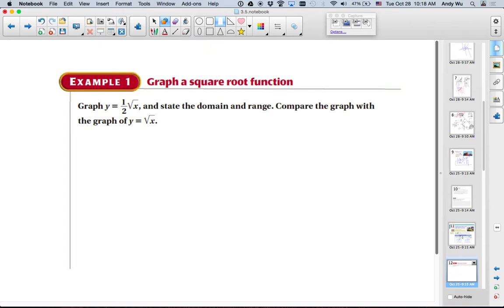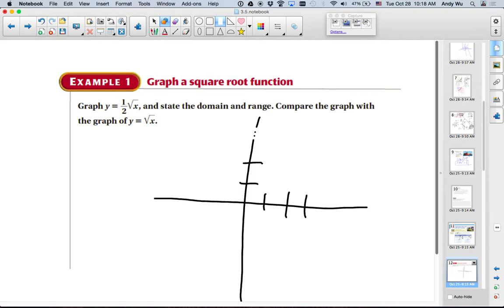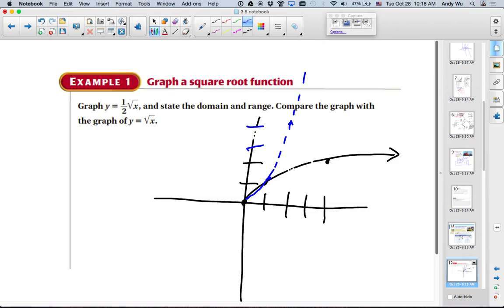So, they want you to graph 1/2 square root of x. So immediately, in your head, you should automatically see this. (0, 0), (1, 1), (4, 2). Okay? Because at this point, with all that we've done in chapter 1, chapter 2, you can picture this without actually plotting points.